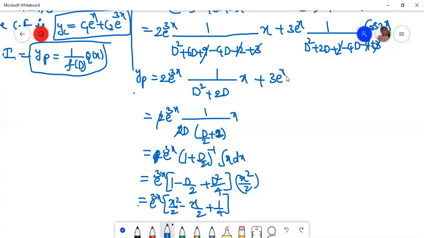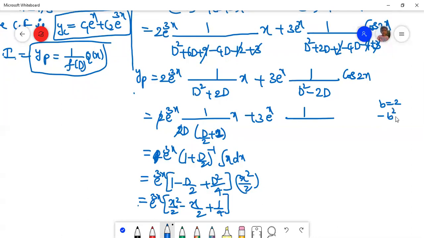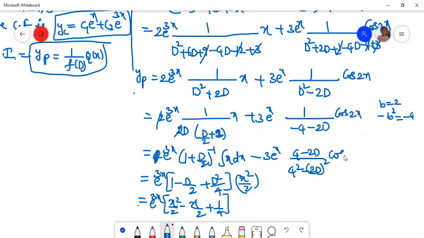It is 3 e power x, 1 by D square plus 2D minus 4D minus 2D into cos 2x. Here 3 e power x, 1 by, here b is equal to 2, minus b square is equal to minus 4. So in the place of D square we write minus 4, minus 2D into cos 2x. Now we can rationalize, taking the negative common, minus 3 e power x, 4 minus 2D by 4 square minus 2D whole square, cos 2x.